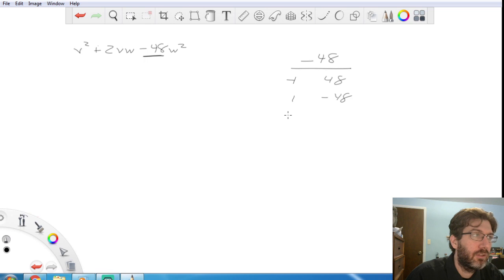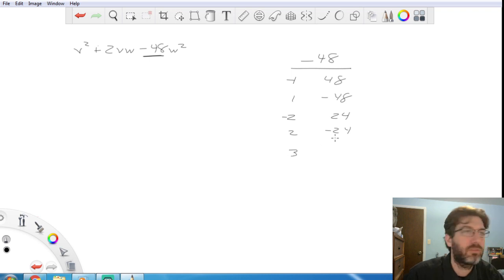Let's see, you got 2 and half of 48 is 24. Again, those probably aren't going to do it. Let's see, 3 would work, correct? 3 is a factor. 48 divided by 3 is 16. 3 and 16.